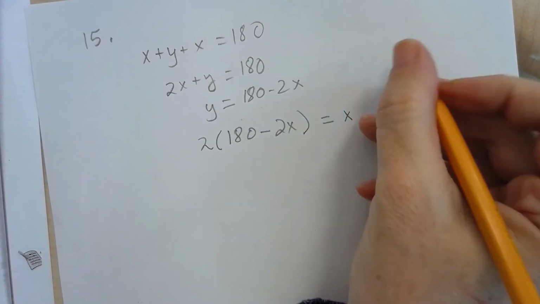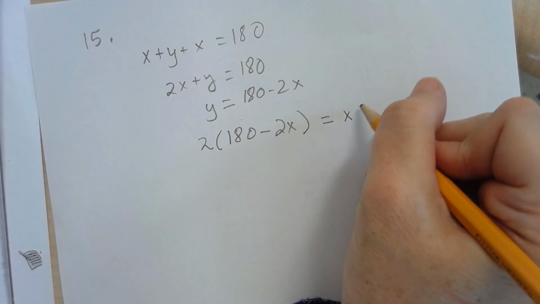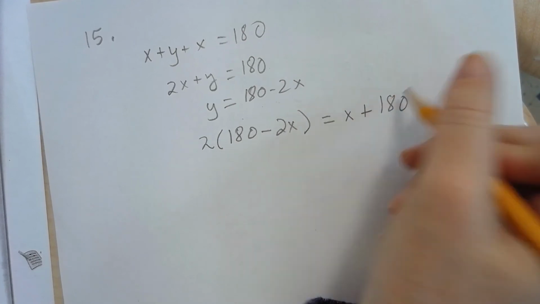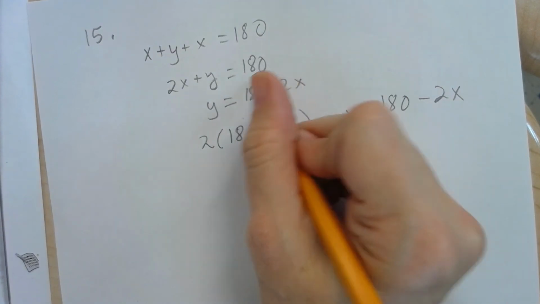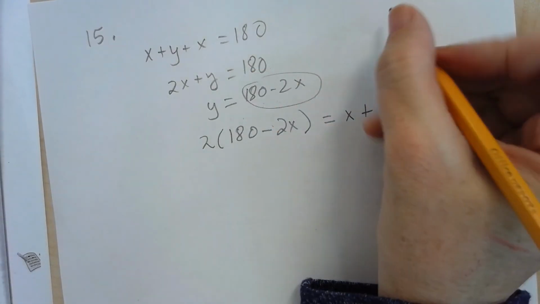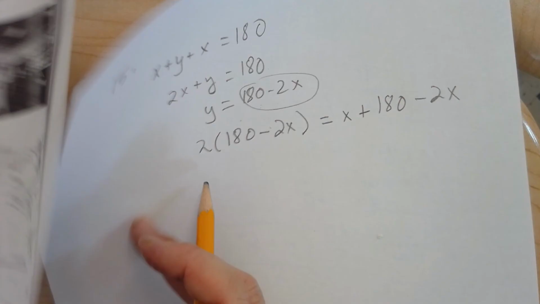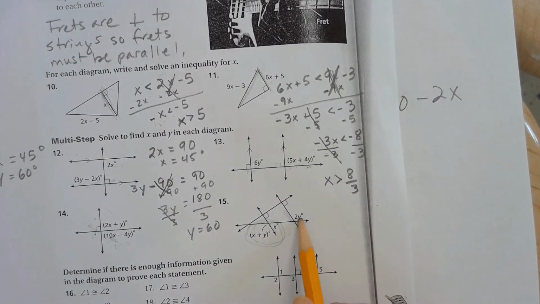And where did this come from? This right here is y. My angle right here was 2y, right? So I plugged in all this stuff here for y and did 2 times it right there.